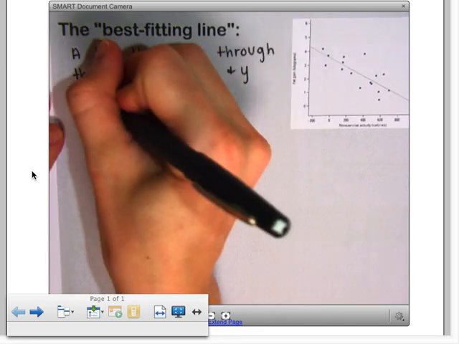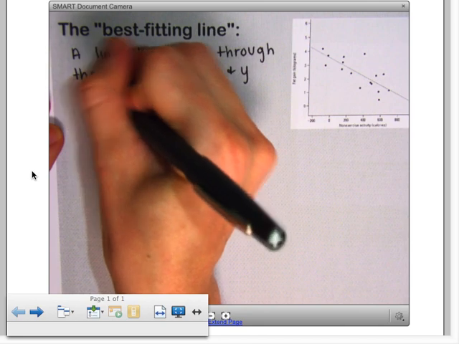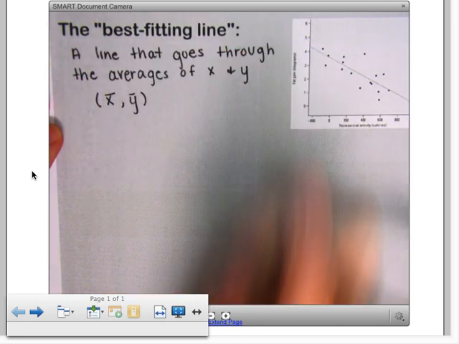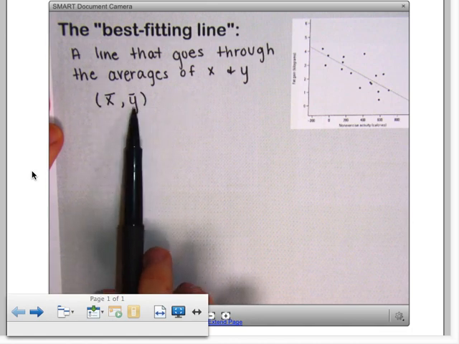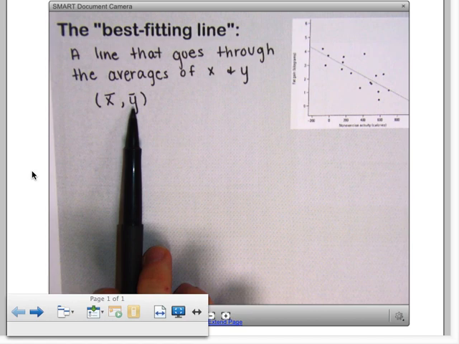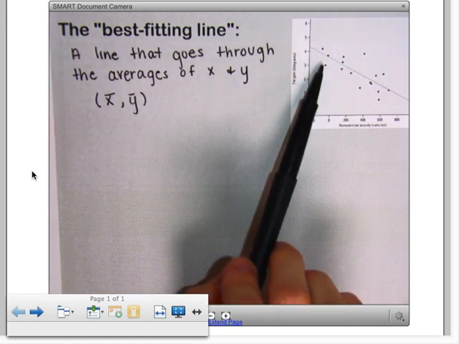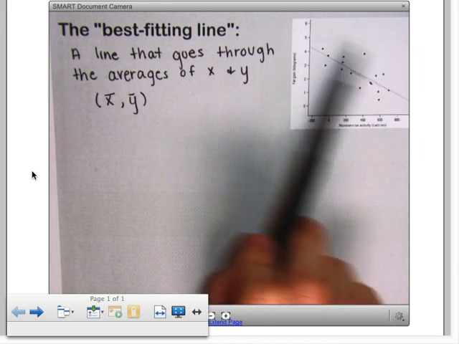Okay, and remember average, we can write it as x bar, y bar. So this is like a coordinate point, the average of x and then the average of y. Once we have that point, it doesn't matter how we draw the line as long as we try to make sure the same amount of points are on each side of the line.